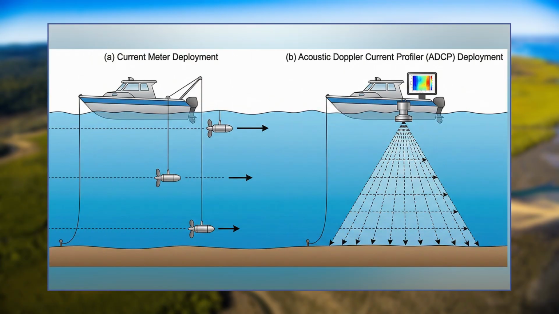Nowadays, current meters or acoustic Doppler devices are installed at varying depths for accurate measurement. Some also provide real-time data for accurate forecasting. Satellite data is also used to measure the discharge indirectly using satellite altimetry.